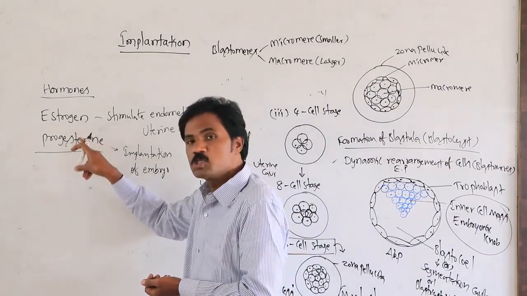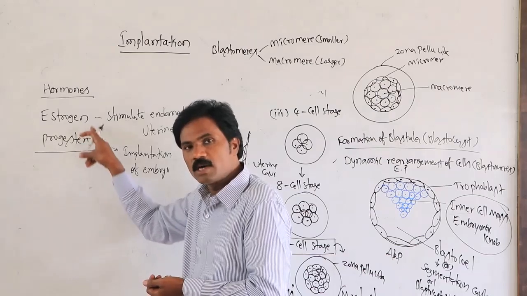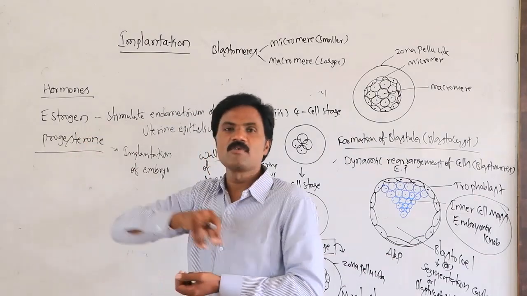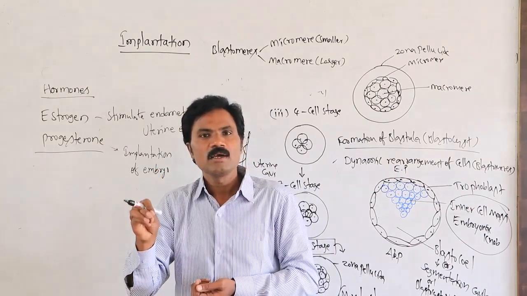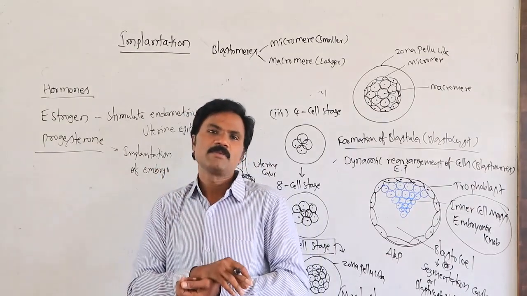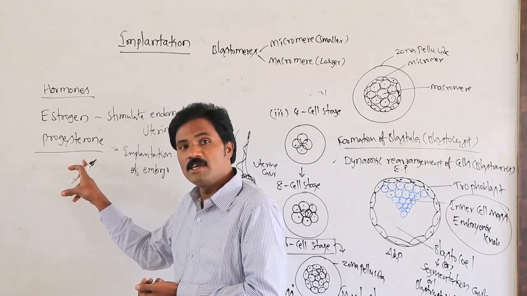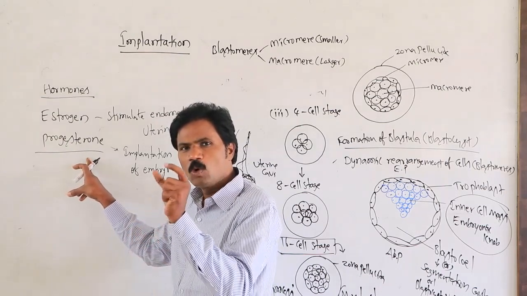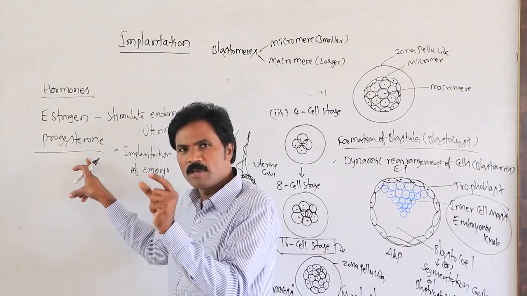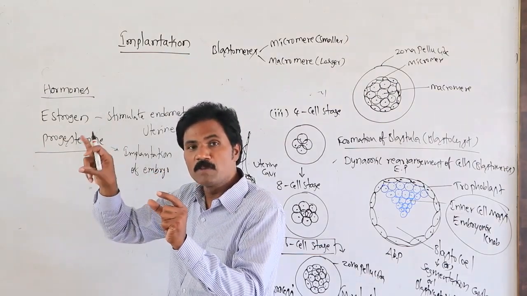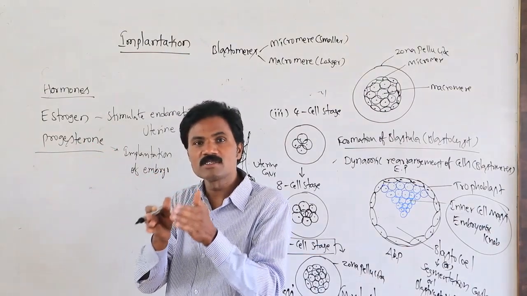Apart from this one, the adrenal cortex as well as the placenta also secrete progesterone. Among these two hormones, progesterone acts as the vital one. In the absence of progesterone in a female, it may lead to abortion. Why? Because if this hormone is not released within 1 week after fertilization, that embryo may not attach to the wall of the uterus of the mother.